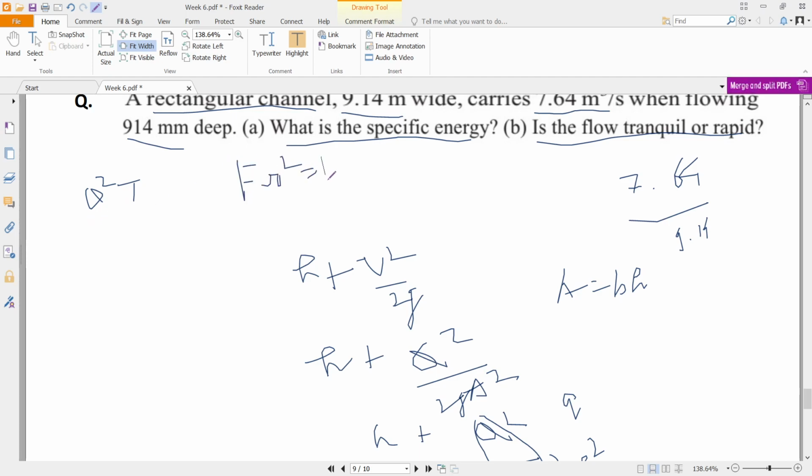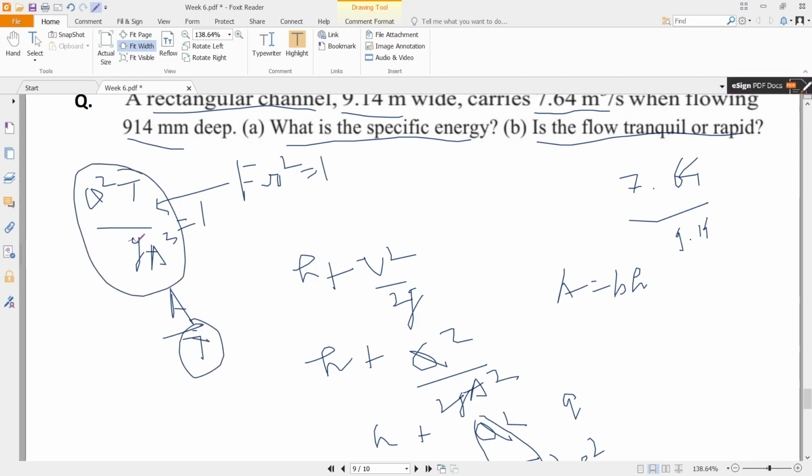Therefore Q square T by G A cube equals 1, where the characteristic length scale of the problem is A by T, where T is the top width of the channel. Okay, so this is the general expression which is valid for any type of channel.